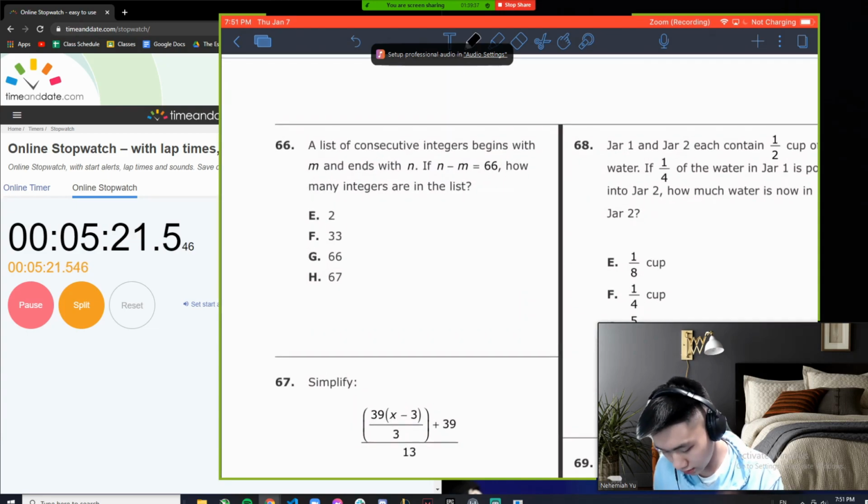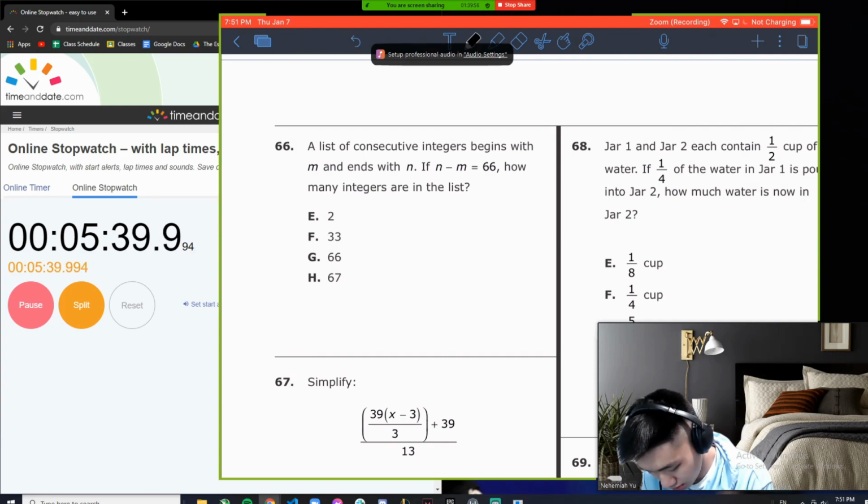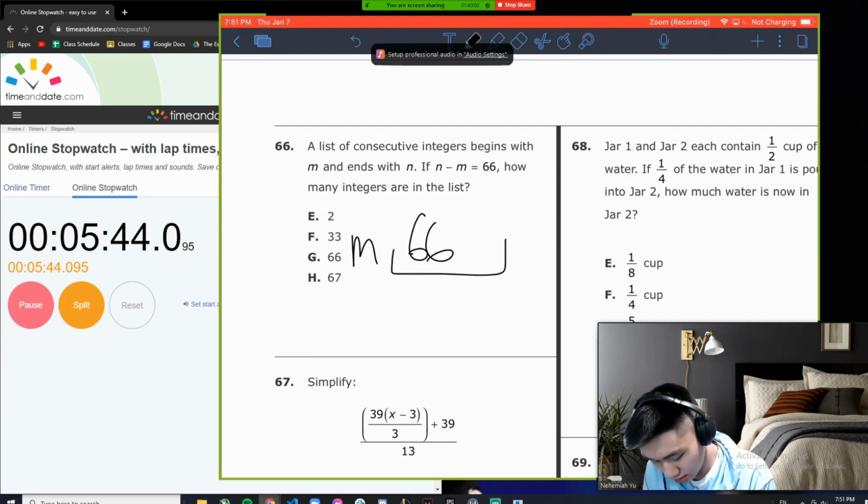A list of consecutive integers begins with m and ends with n. Well, if you include m and then 66 more numbers until you hit n, there'd be 67.